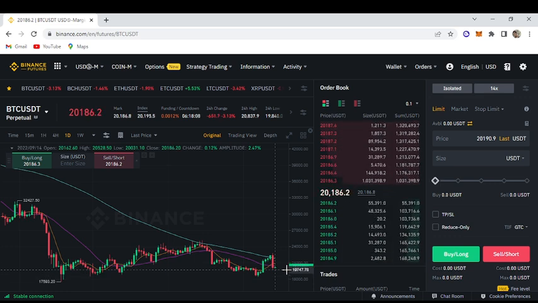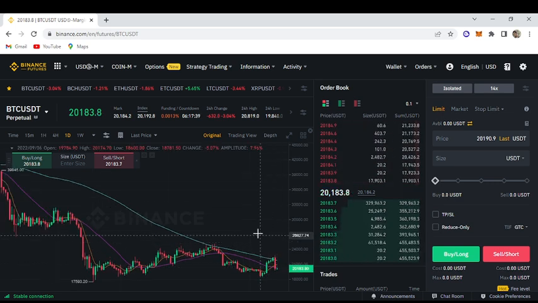So if you had $10 and the chart goes up 1% after you buy long, you get $11 total in your account. But if it goes 1% down and you bought long, then you lose $1, so you have $9 in your account.